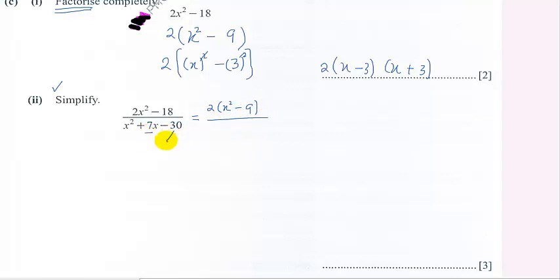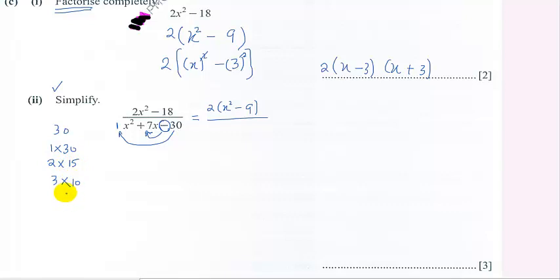So multiply this 30 with this 1 over here, so we have 30. Make the factors of 30 so that when we take the difference of those two factors, the answer should be plus 7. So 1 times 30, 2 times 15 is 30, and 3 times 10 is 30.